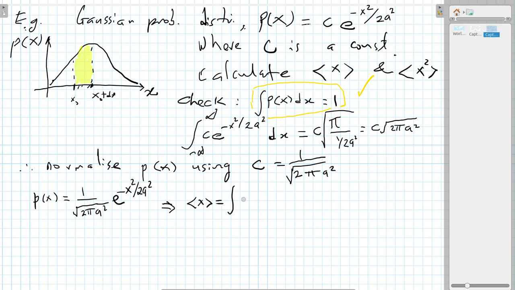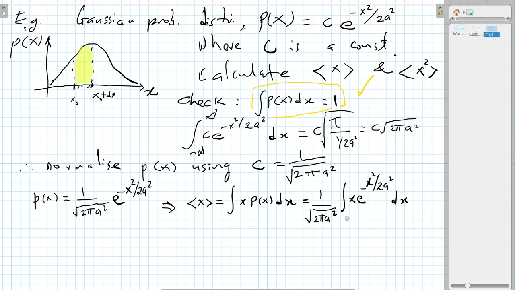You've got the formula, we discussed it earlier. This is going to be the integral of x times p of x dx. Bringing the constant values out of the integration sign, I've got 1 over the square root of 2 pi a squared, and then the integration of x e to the minus x squared all over 2a squared dx.